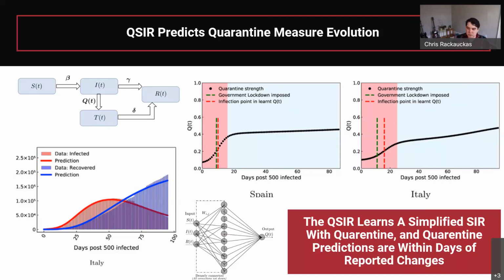And a way to find that out is if you take this QSIR model and you train this neural network to give you a term that captures the quarantine, you can match that quarantine policy up against real data, right? You can go country to country to country and just ask what day was the quarantine actually imposed, and when does our model say that there should be an inflection quarantine policy?